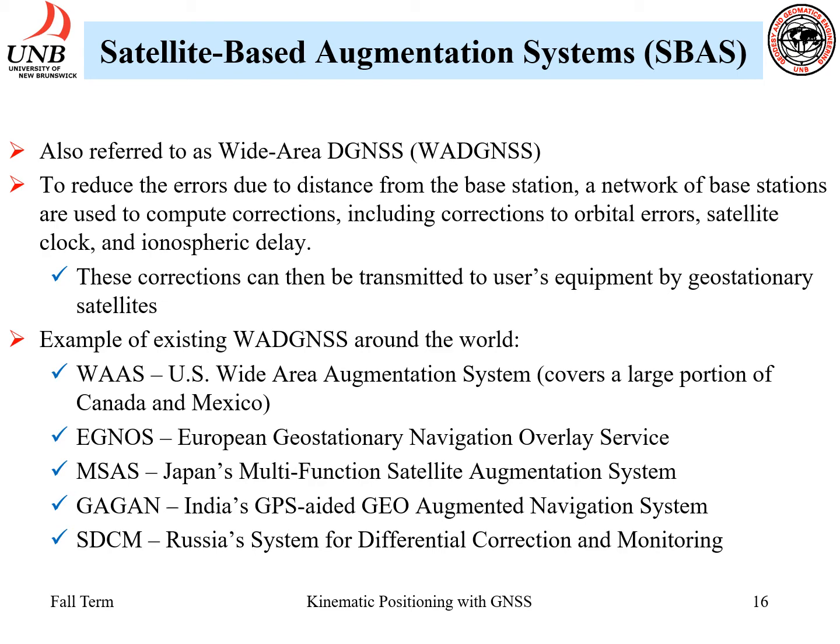The observations from this network of stations are transferred to a computing center, which will compute these corrections that now are different types of corrections. There are corrections to the orbits, corrections to the satellite clocks, and also the ionospheric delay.